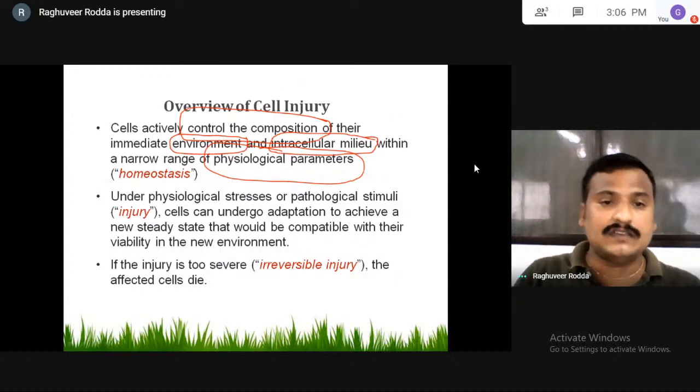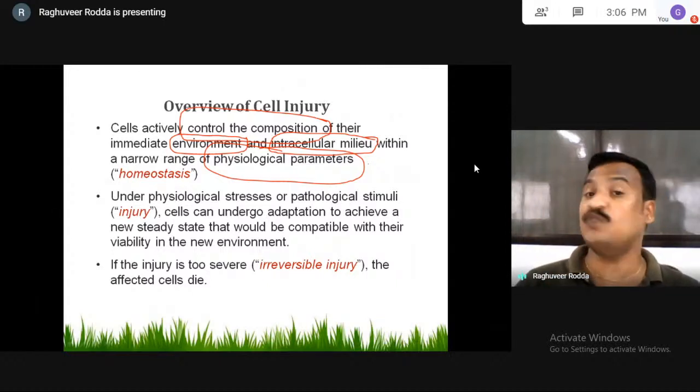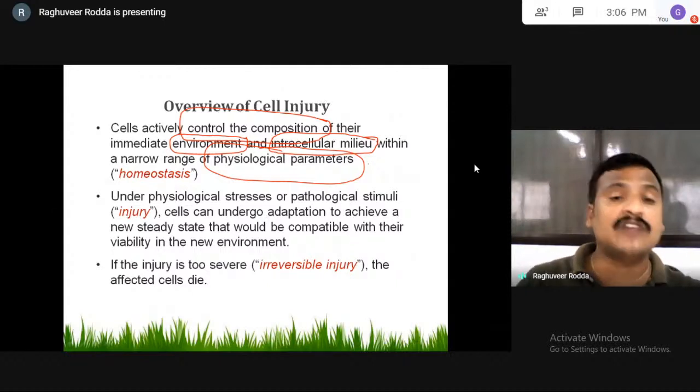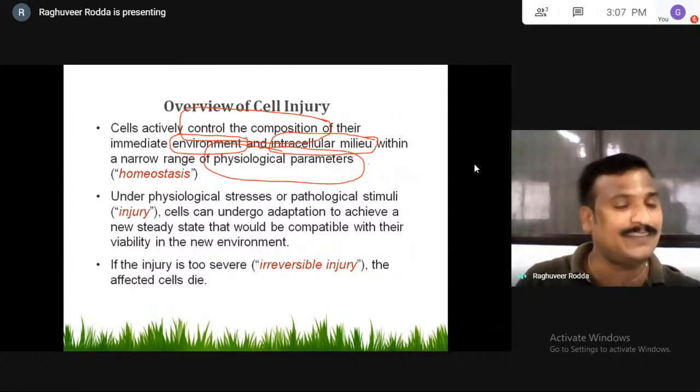Physiological stress means when the function of the cell increases. There are certain cases where the cell is going to work more, to perform its action more than normal to meet the ongoing requirements. For example, suddenly a person starts running from a normal walking position.